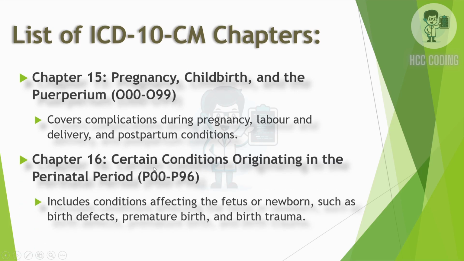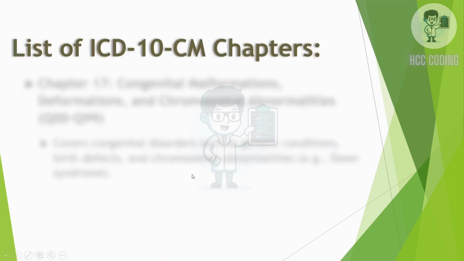And coming to chapter 16, certain conditions originating in the perinatal period, the code starts from P00 to P96, which is completely related to newborn codes. Starting from the delivery of the newborn baby, what conditions or what complications the baby is facing, every disorder or complication will be covered under chapter 16.